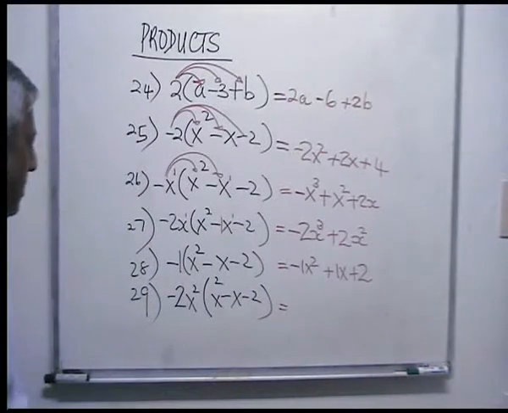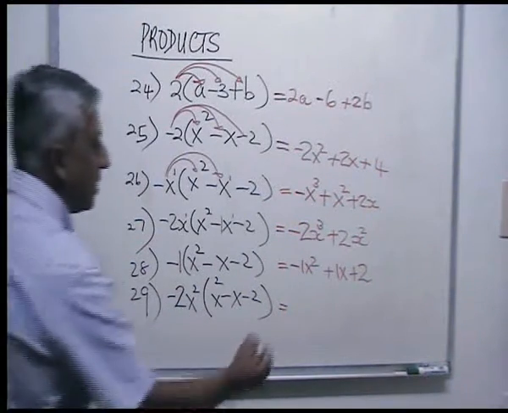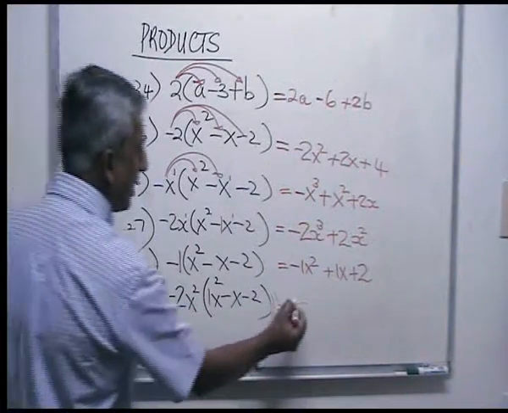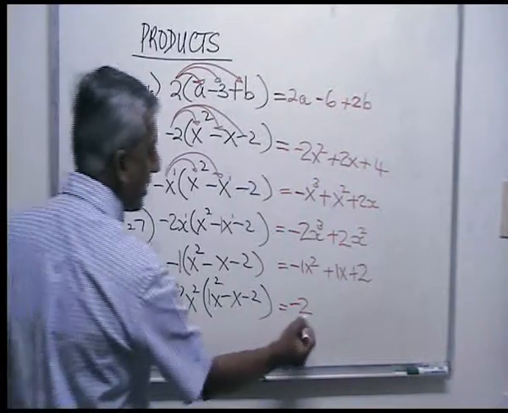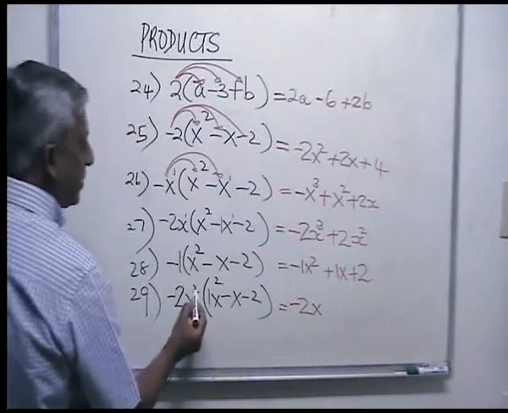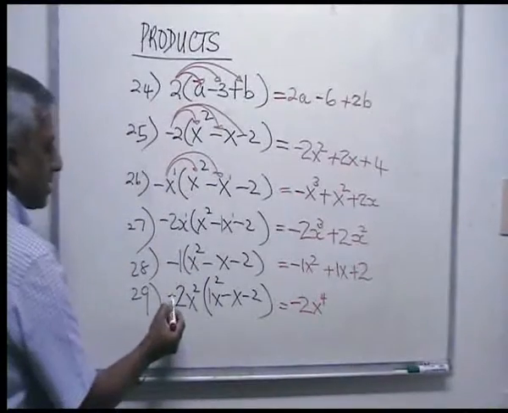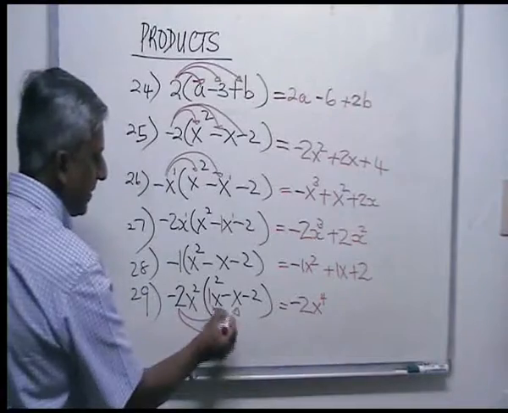And finally, number 29, minus times plus will give you minus. 2 times the 1 that is understood here is 2. You got x squared and you got x squared, write down x. 2 plus 2, 4. Next, now we're multiplying there.